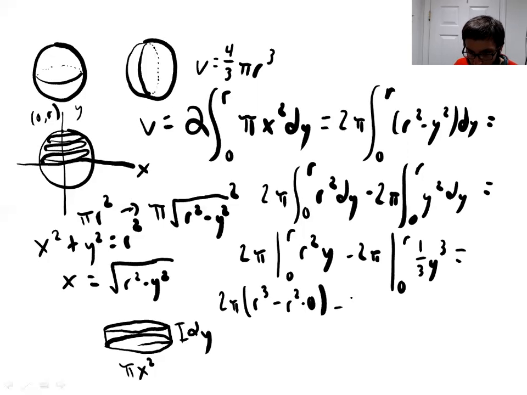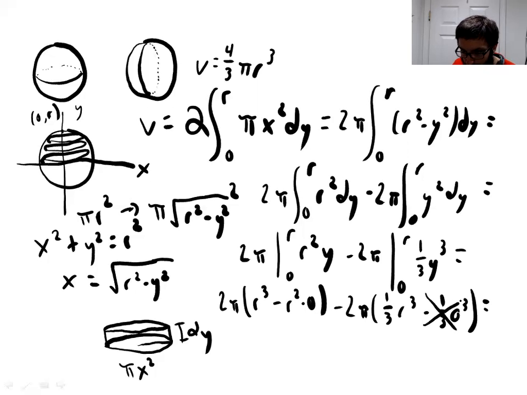And then we're going to get that minus 2 pi times 1/3 r cubed minus 1/3 0 cubed. At this point, we can see we have some terms with 0. That term's going to go away, and that term's going to go away. I'm going to end up with 2 pi r cubed minus 2/3 pi r cubed.